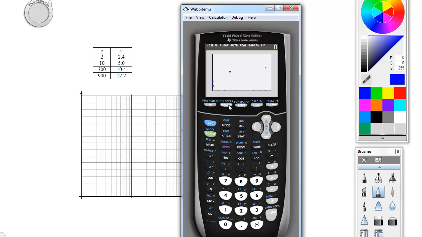If we want to try and find a function that fits that data, we do stat calculate. Your choices are that it might be linear, exponential, power, or logarithmic. So if you don't have any idea what it should be, press linear.